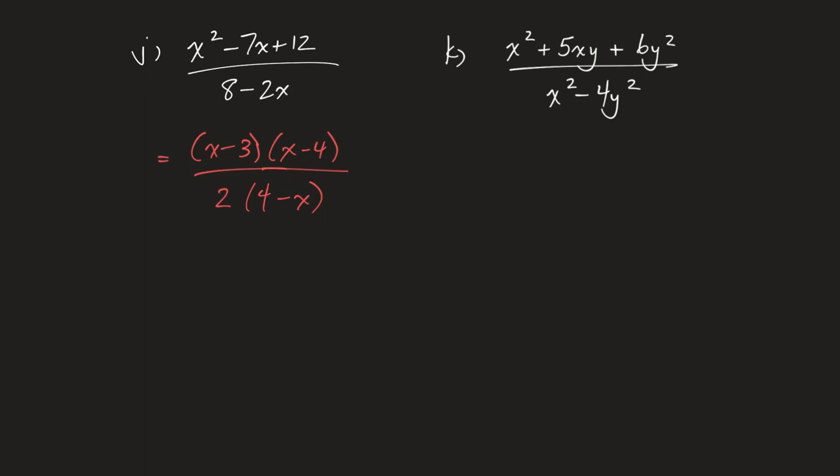Notice that our decision to factor out a 2 here could have been a different decision. We could have factored out a -2 if we wanted to. And look what happens if I factor out a -2. Now, -2 times -4 gets me back to positive 8, and -2 times positive x gets me back to -2x.